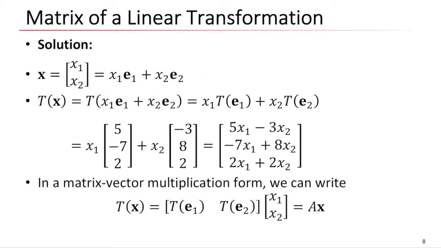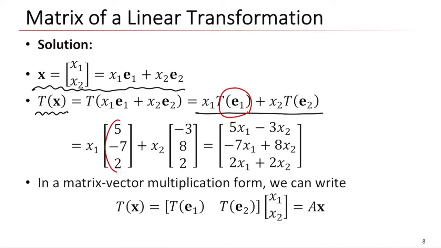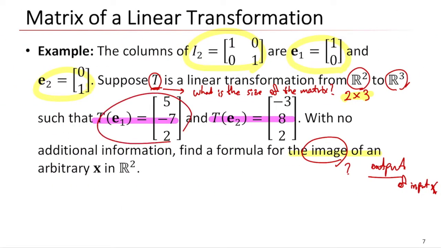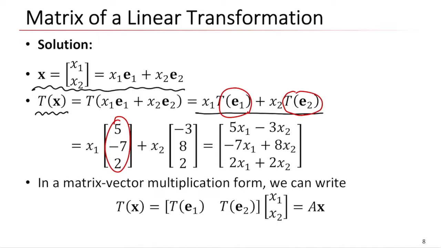Yeah, here. So first of all, the input vector x can be represented something like that, and the transformation of x will look like that. And what was the transformation of elementary vector 1? See here, it was that, right? And what was that? See here, right?